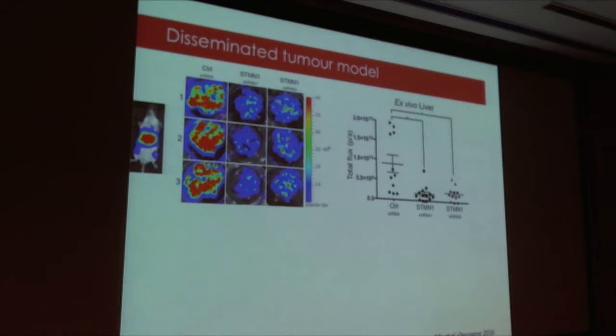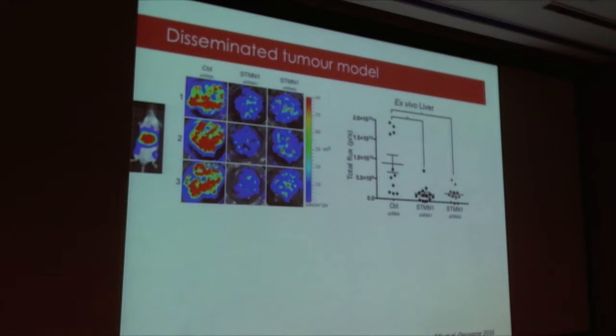We had a very specific question we were asking, where we were looking at the ability of the tumour cells to cross the endothelial layer. And so we did this tail vein model, and you can see here that in these control samples, there's massive infiltration in the liver. We saw similar results for the lung and the kidney as well.